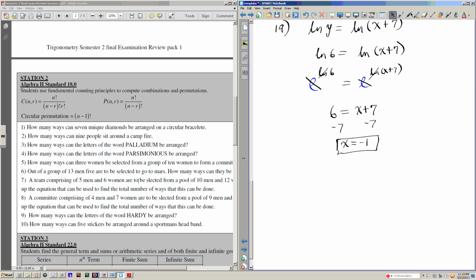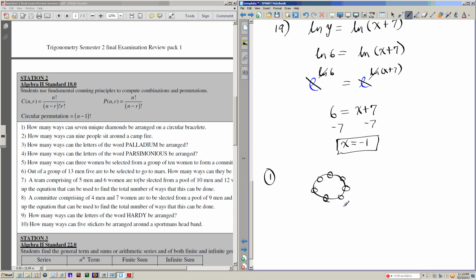For that one, we have a circular permutation type problem, because you're arranging the diamonds on the circular bracelet. You have 7 of them: 1, 2, 3, 4, 5, 6, 7. How many ways can they be arranged in the bracelet?